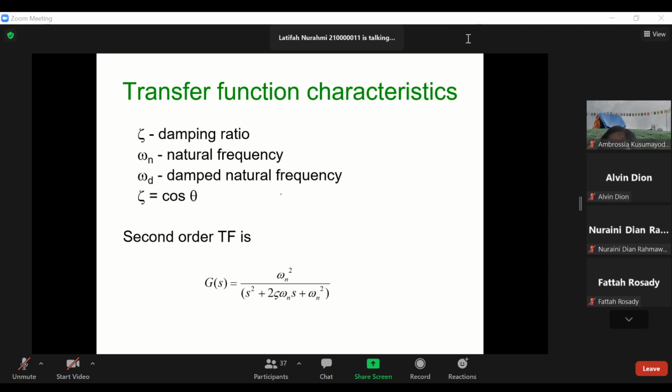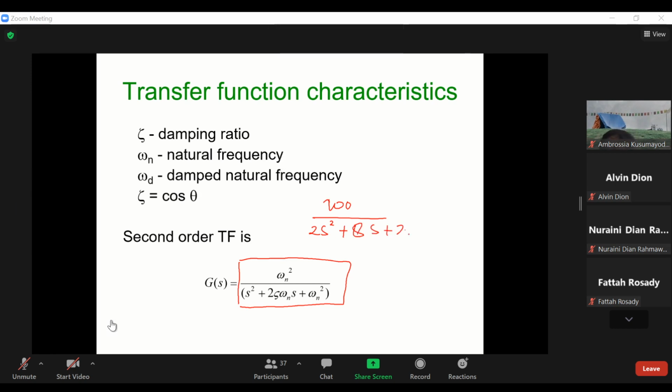And in the second order system, the mathematical model that you should always keep in mind, many students forget this, always forget, is this. So let's say if you have, for example, 200 divided by 2s squared plus 8s plus 200, like this.